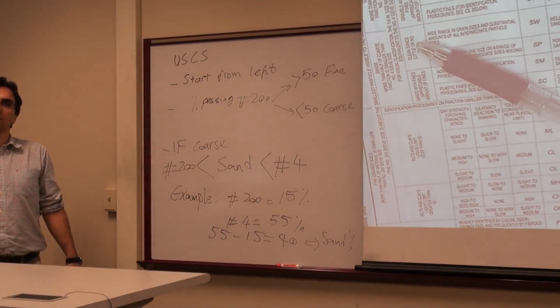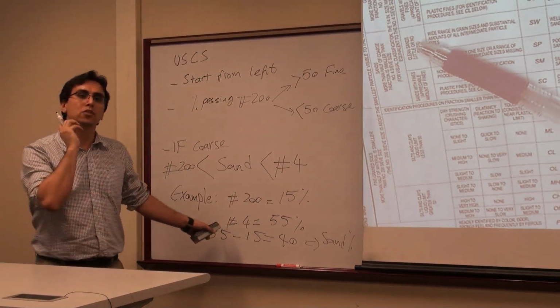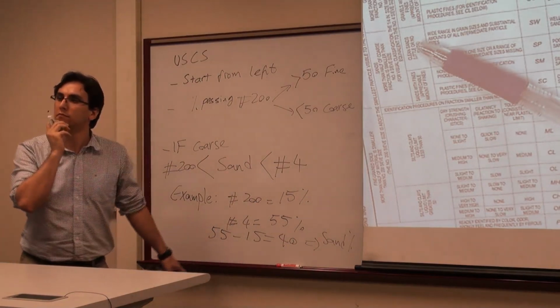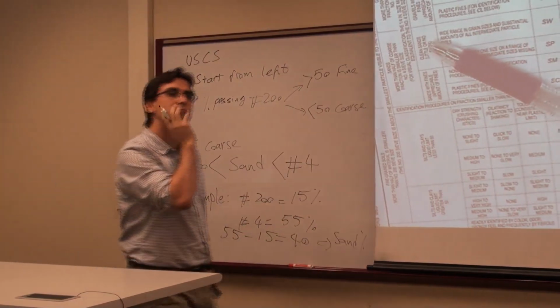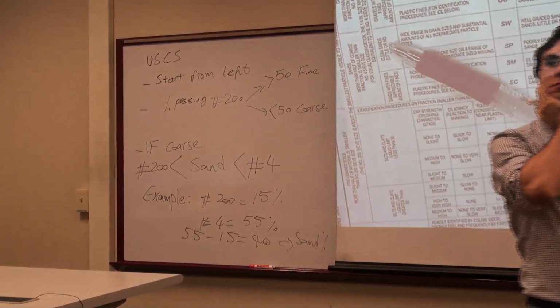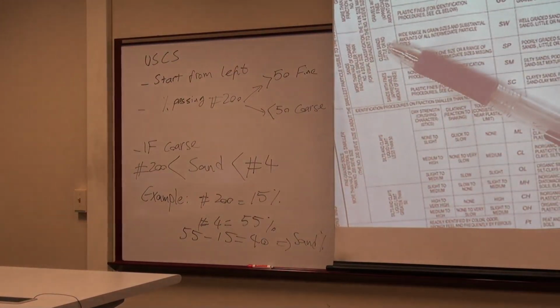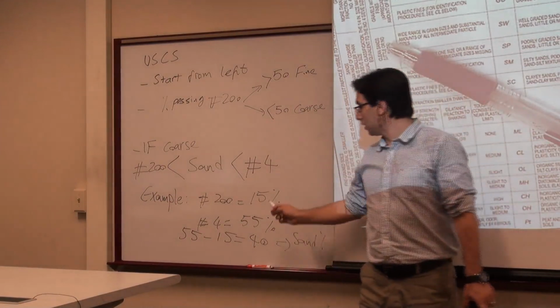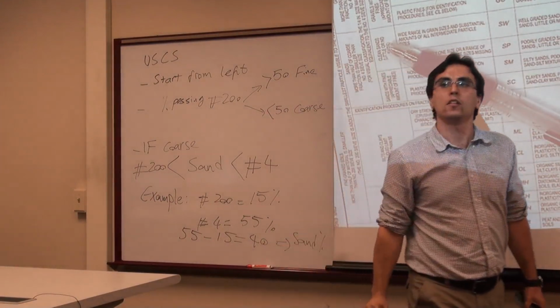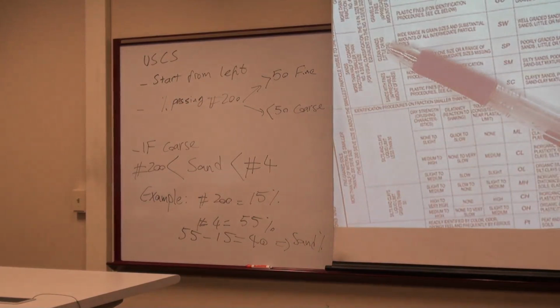Then how much gravel do we have? How much fine did we have? 15. How much sand? 40. 55 plus 45 is around 100%.